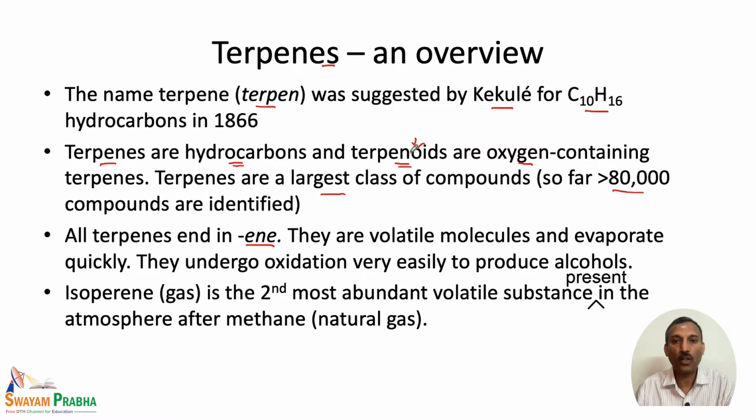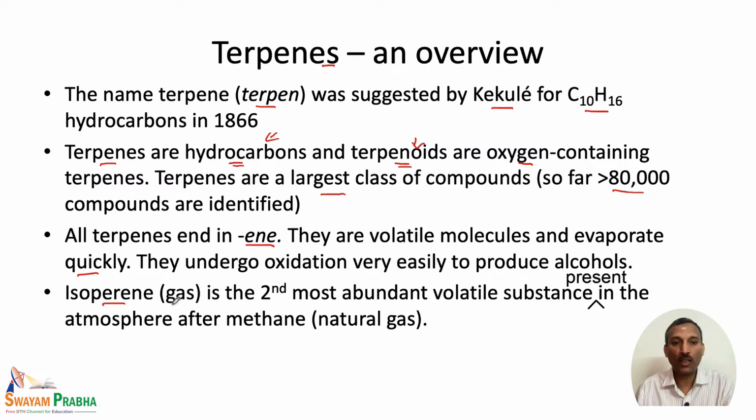And terpenoids may have different names, but terpenes, since they are hydrocarbons, end with ENE, and these are basically volatile compounds, and they evaporate very quickly, and they also undergo oxidation very readily to produce alcohols and other products.